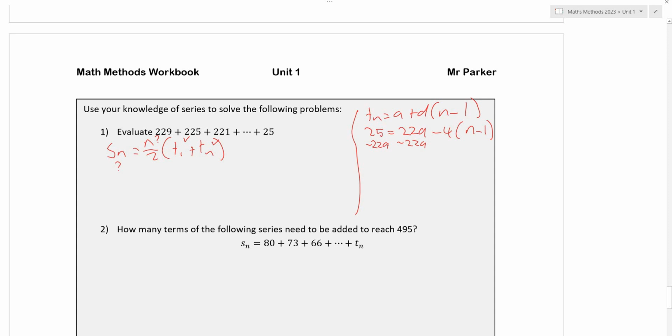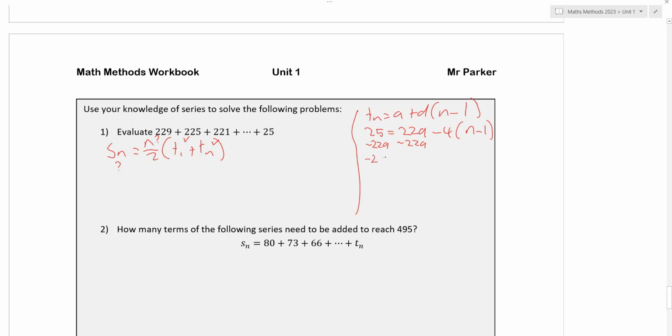A really common mistake, even in methods, is people see the negative attached to the 4 and think it's -229, so they plus it to both sides. You'll get the wrong answer, because that minus is attached to the 4, not to the 229. So what's 25 minus 229?